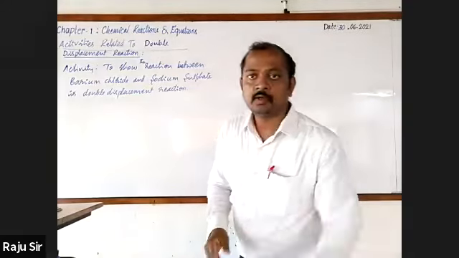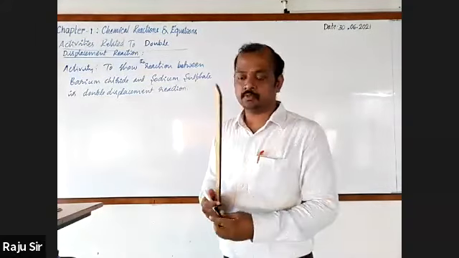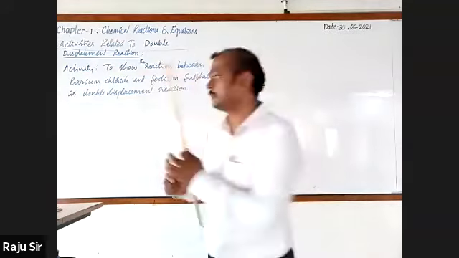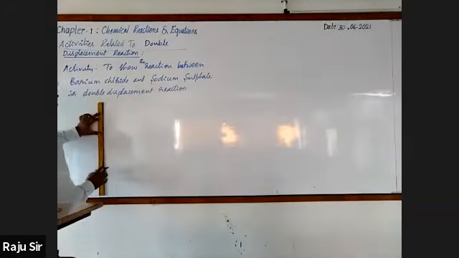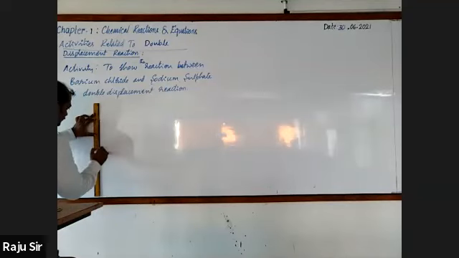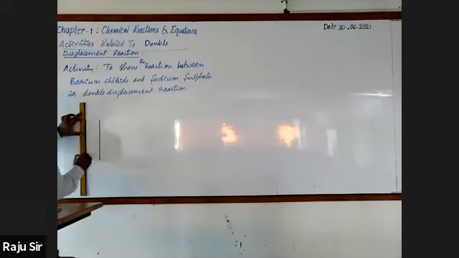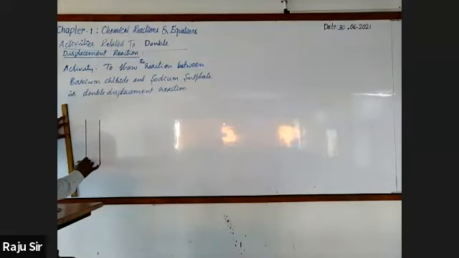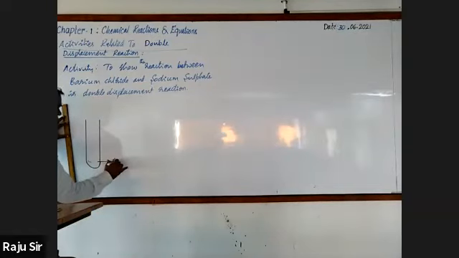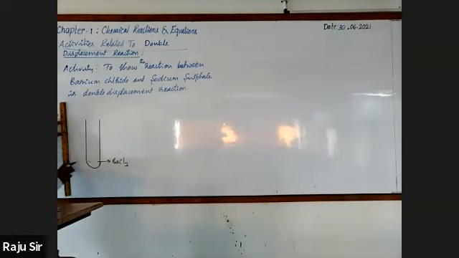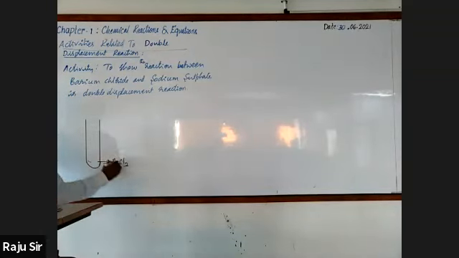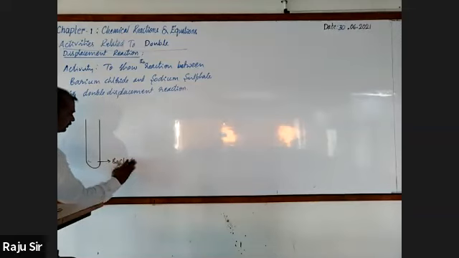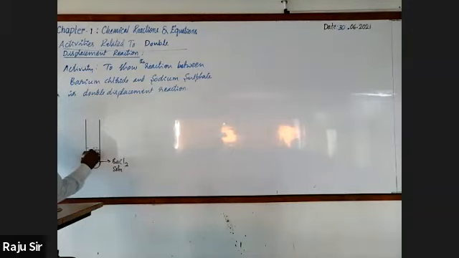Let me draw the test tube. You know how to prepare the solution. In the first test tube, we will take barium chloride crystals, BaCl2. Then add water to it and shake it well, then barium chloride solution is formed.